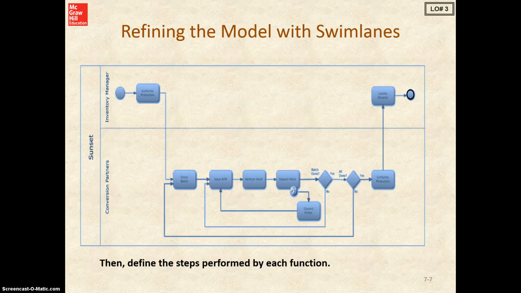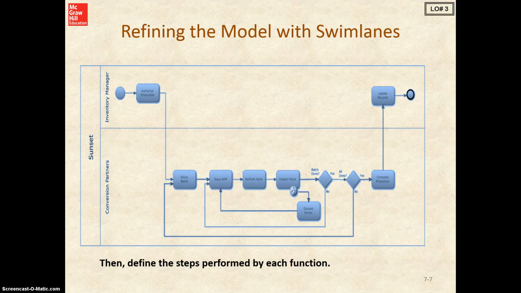If we look at it with the process, the inventory manager authorizes production, and the conversion partners, or the manufacturing type employees, set up the batch. They issue raw materials, they perform work, they inspect work. If there are errors, they discard them, issue new raw material and re-perform the work.